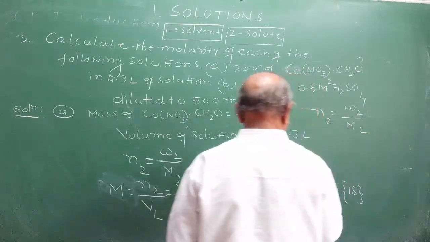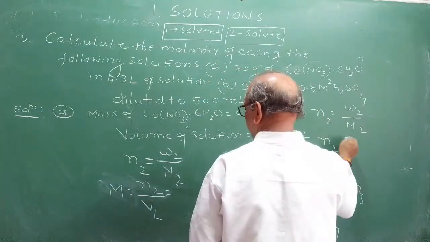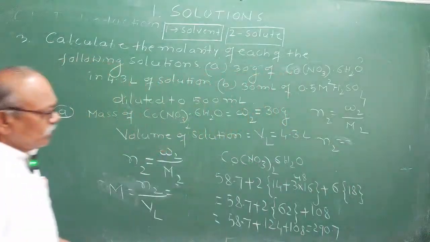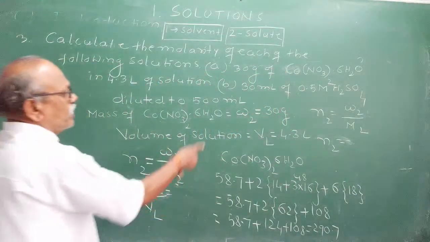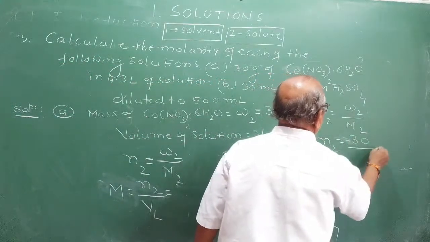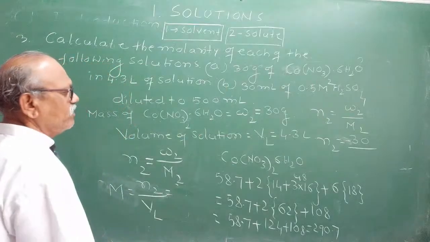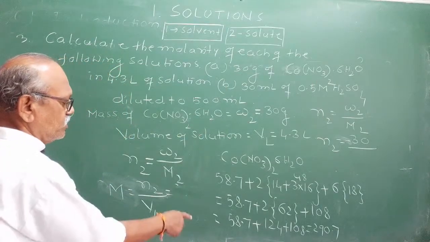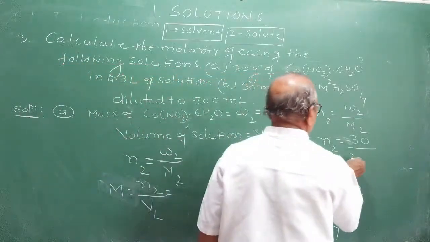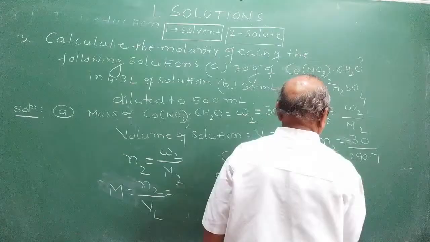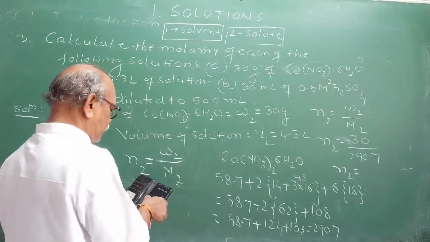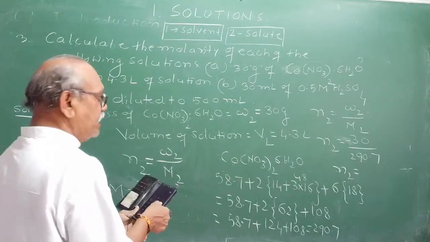Just now we calculated the molecular weight. What is the mass given to you? Mass of the solute is 30 gram. You take 30 here divided by the molecular weight of the solute, which is 290.7. Therefore, the number of moles of cobalt nitrate is given by 30 divided by 290.7.